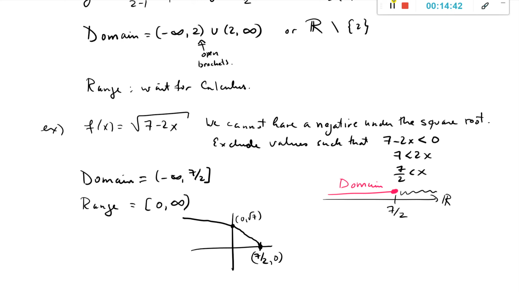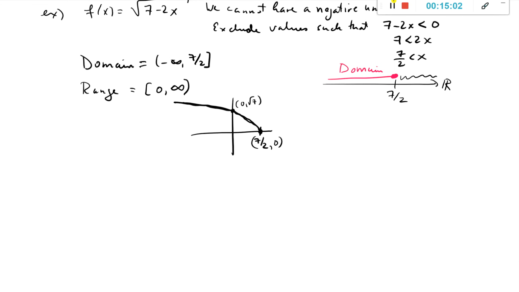If you remember your toolkit functions, square roots will typically look like that. But if you figure out the domain and the range, I'm pretty happy. You don't necessarily have to know how to graph this. We're going to see that a bit later in the course.